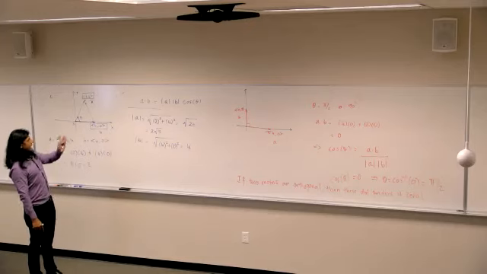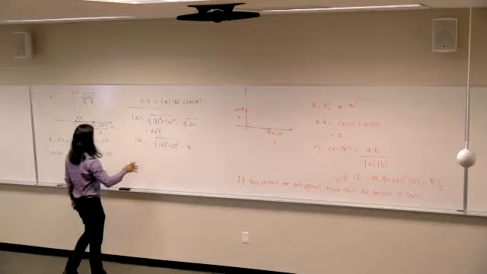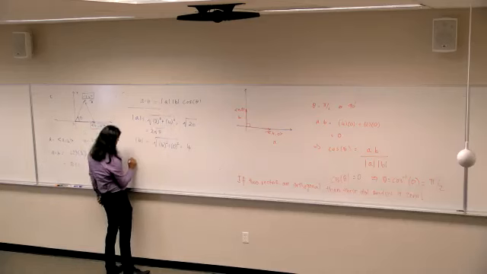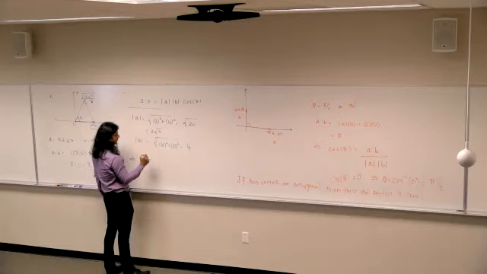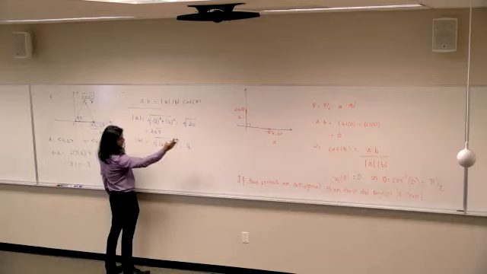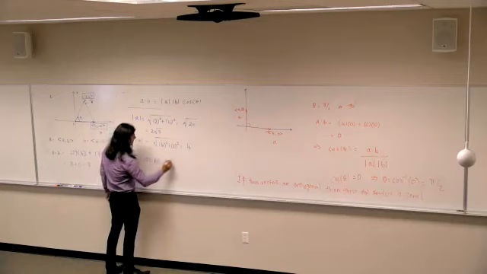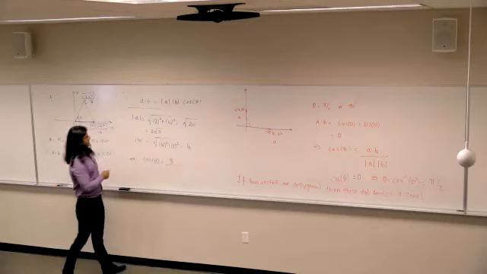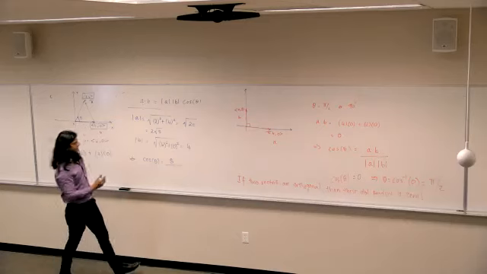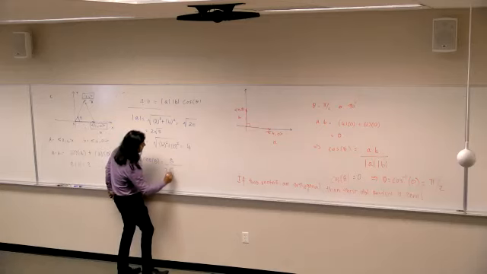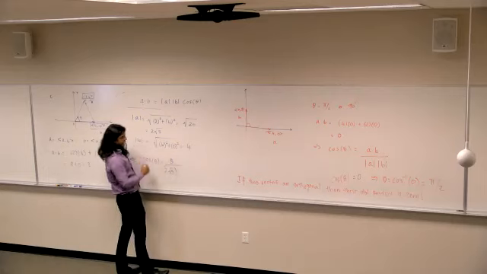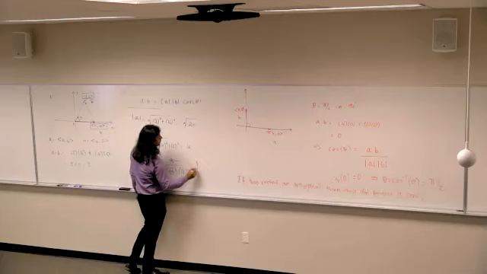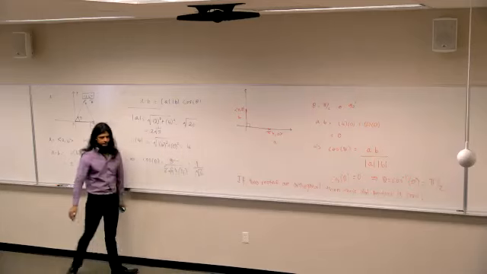Good. We have all the necessary items to plug into that formula. So A dot B, the dot product of the two vectors, 8, divided by the magnitude of A, 2 root 5, times the magnitude of B, 4, gives 1 over square root of 5.